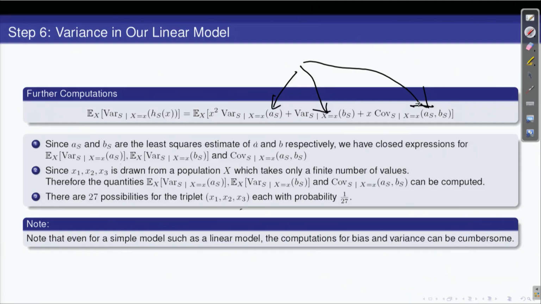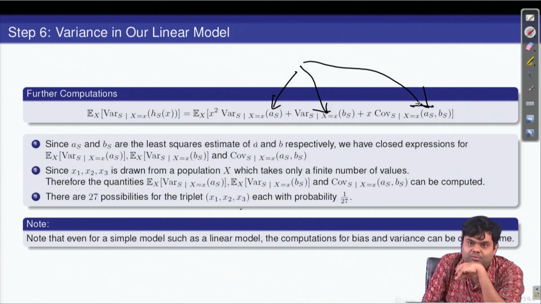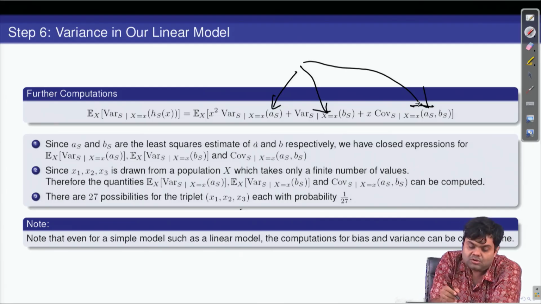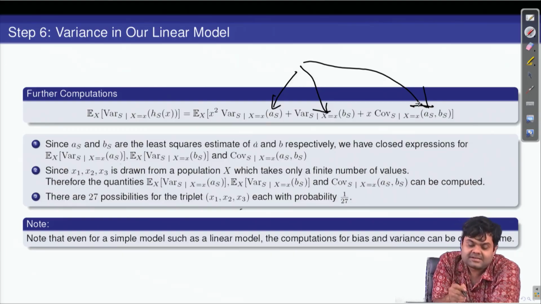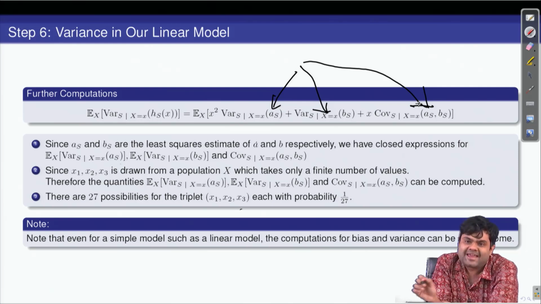Now, you take the expected value with respect to y. Y has a rather nice distribution once x is given. That tells you, once you take the expectation over y's and the variance with respect to y's, keeping x fixed, these become functions of x's.